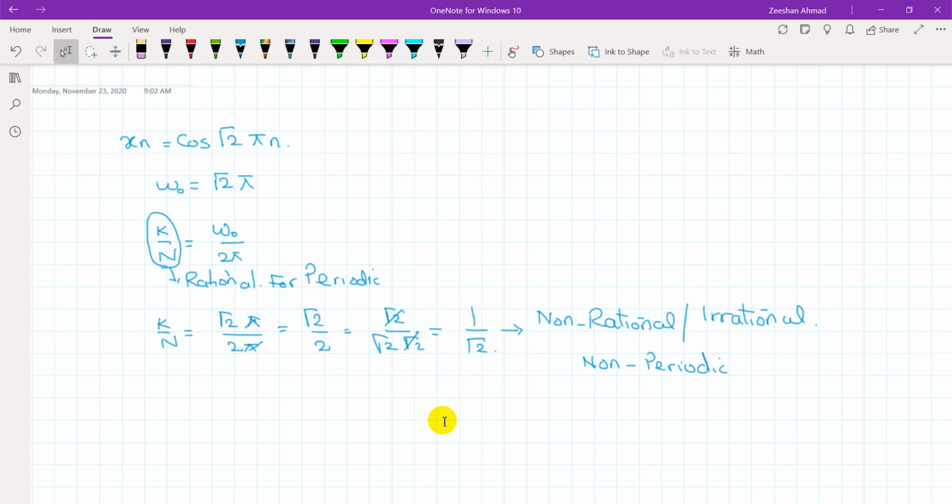In case of a signal which is not periodic, we cannot expand it. So the given signal cannot be expanded as a Fourier series.